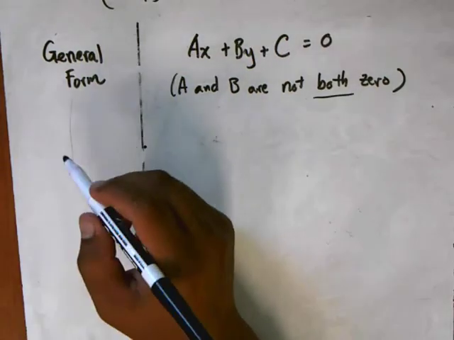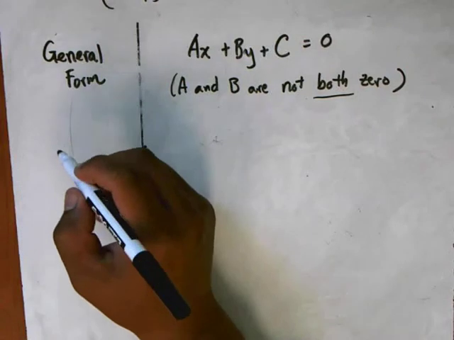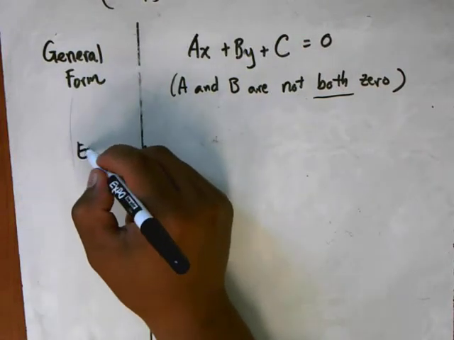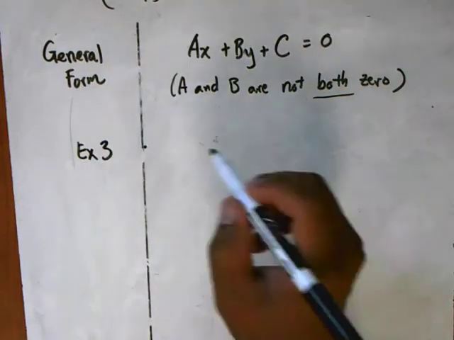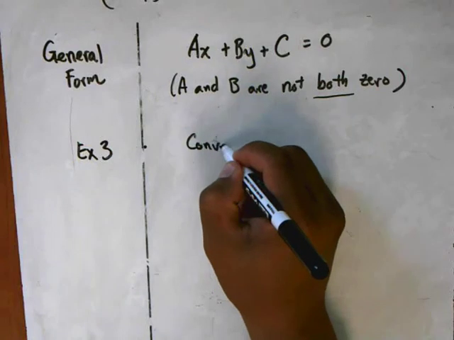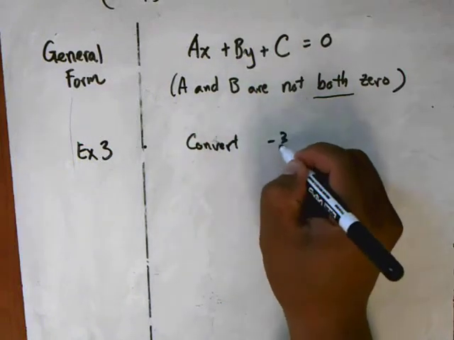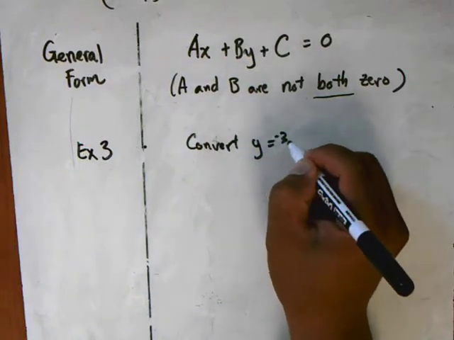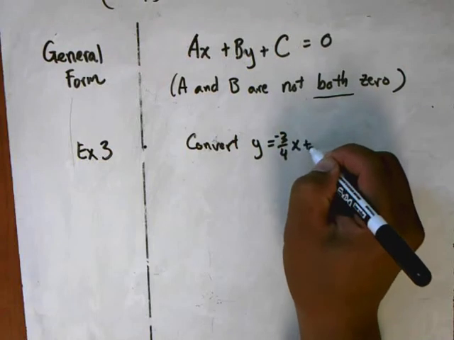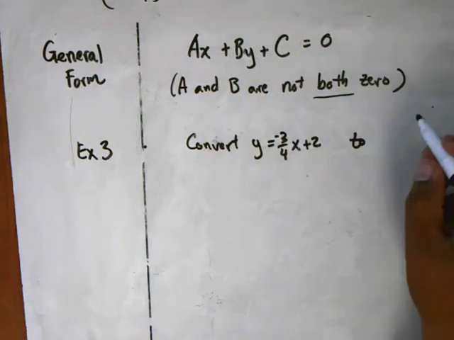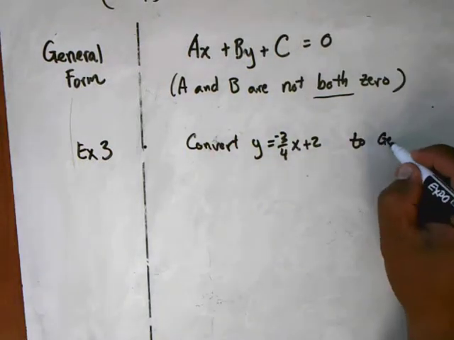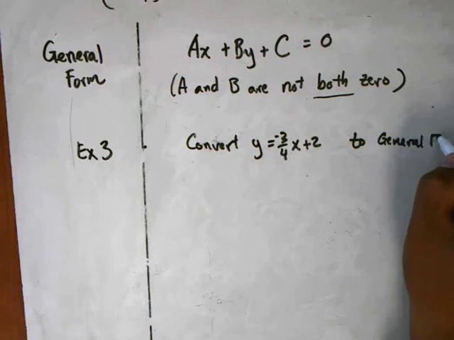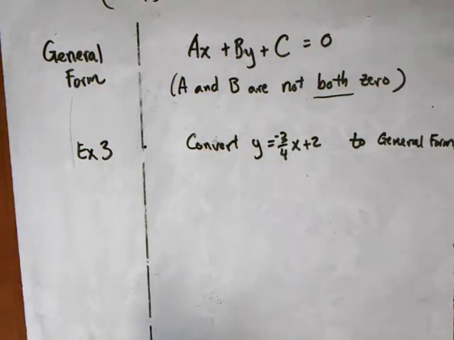Okay? So let's look at our example here. I believe this is example 3, where let's say convert y equals -3/4 x plus 2 to general form. Okay. And to do this, it's not terribly difficult.